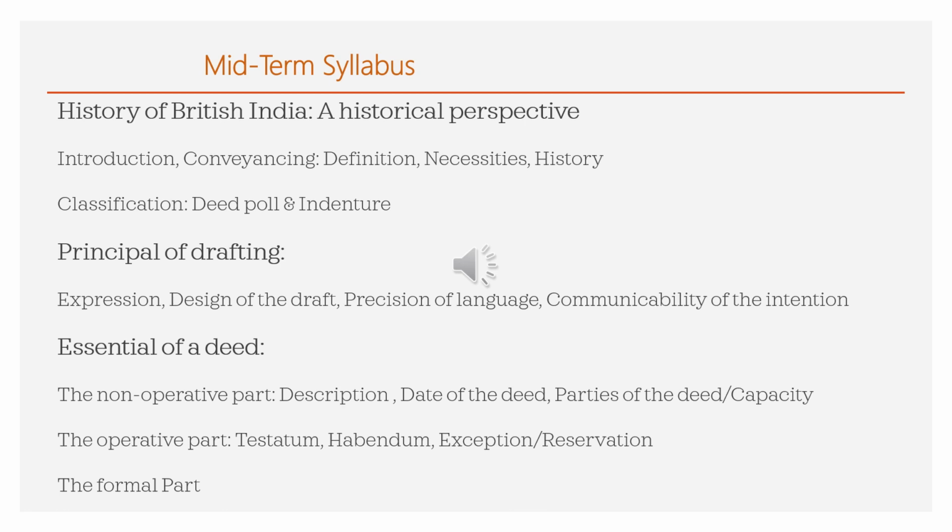After that, we will learn the essential elements of a deed or a legal document or a legal instrument. There are three essential parts of a legal document. Those are the non-operative part, the operative part, and the formal part. We will see the details of these parts in our next videos.